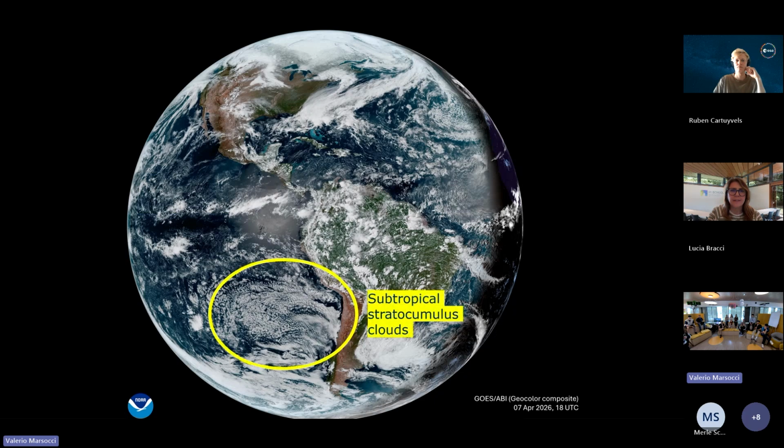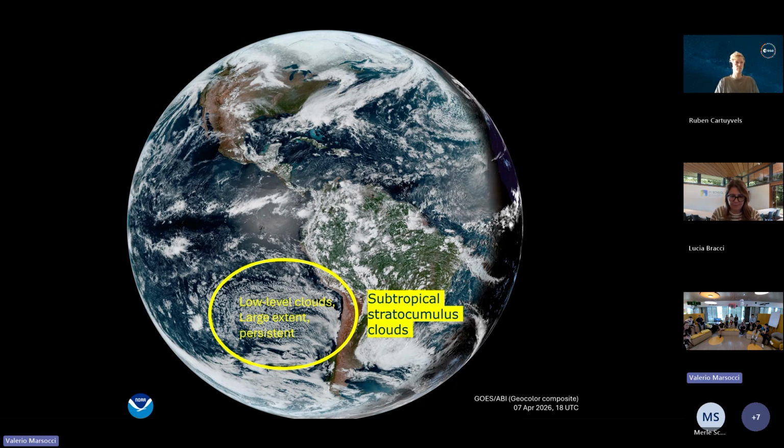Now, the clouds that I will talk about are subtropical stratocumulus clouds. They're shown here in this snapshot, and they're found in different regions of the Earth, always at the eastern part of large oceans. Here, for example, is the stratocumulus cloud deck of the Southeast Pacific. These clouds are really low level, so they have a really low altitude.